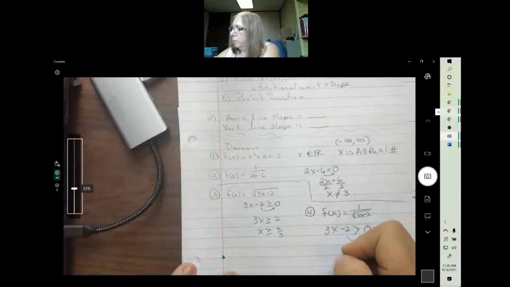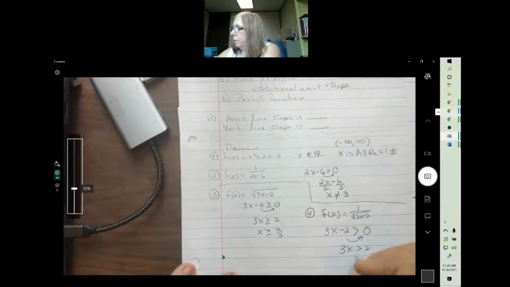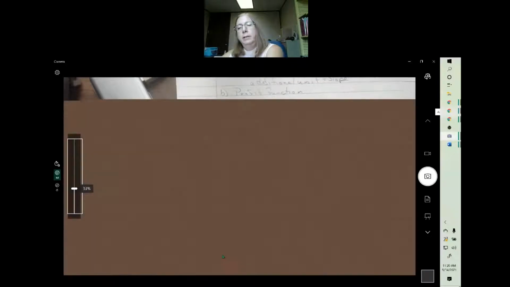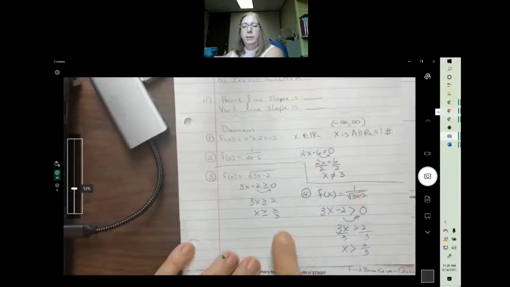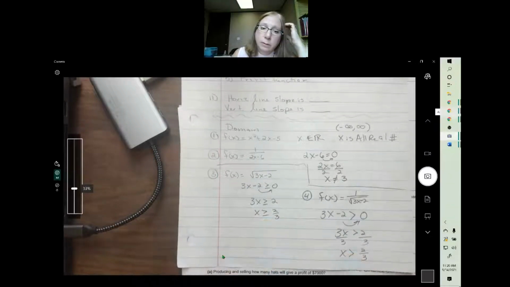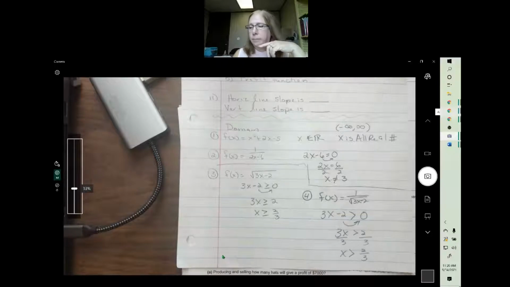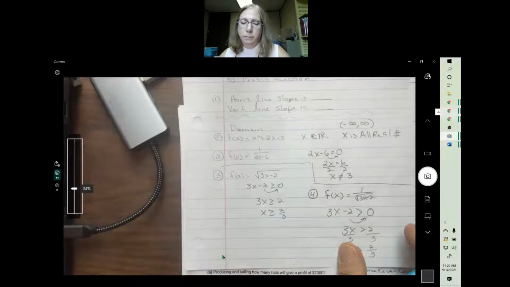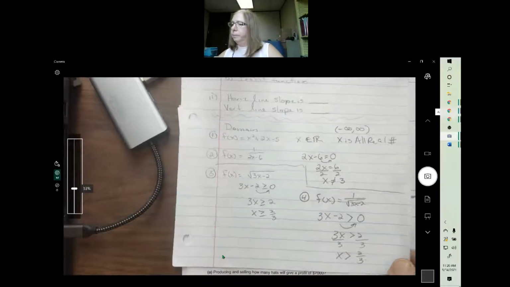Add the 2 and divide by 3. So when it's in the denominator, notice the only thing different is it doesn't have the equal to, because that would give you 0. Any questions on that? Okay.